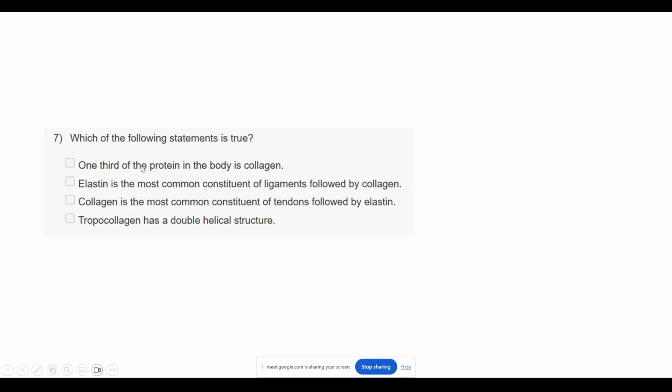Elastin is most common constituent of ligaments followed by collagen. Collagen is the most common constituent of tendons followed by elastin. Collagen has a double helical structure. The answer is one third of the protein is collagen. Collagen is actually the most common constituent in both the tendon and ligaments, and tropocollagen has a triple helical structure, so the last statement is wrong.